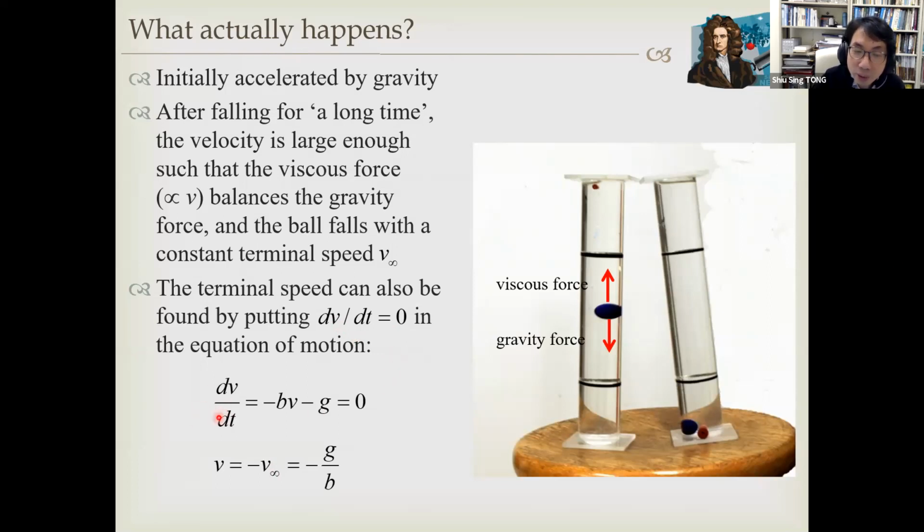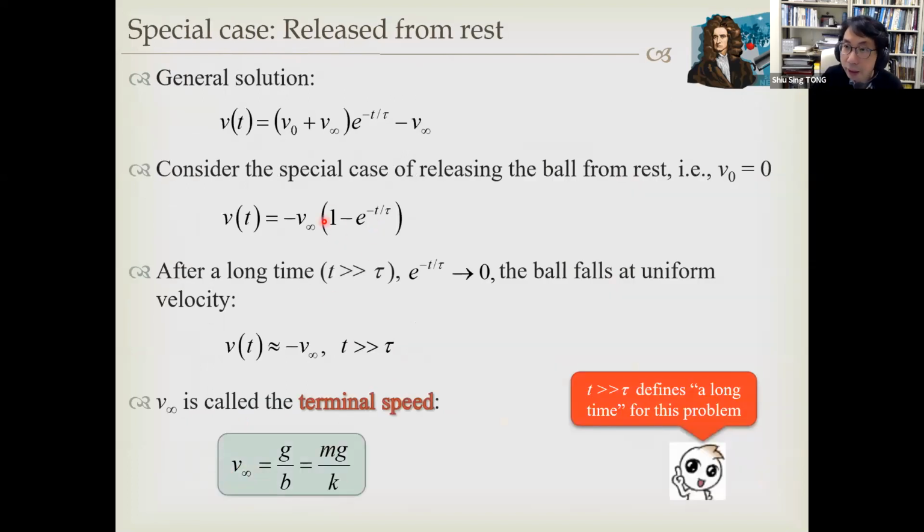You only have to put dv/dt equal to 0 in order to solve the velocity, and the velocity is exactly the terminal speed. So this solution means a ball released from rest in the air gradually accelerates downwards until the force of gravity is exactly balanced by the viscous force. And at that time, the ball falls with a constant terminal velocity.